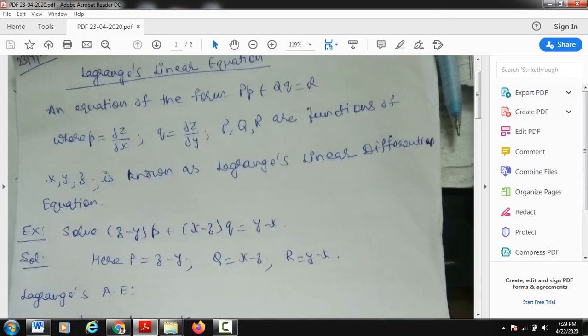After that, what will I do? I will compare my given equation with the standard Lagrange's linear differential equation, that is Pp plus Qq is equal to R, and you will identify capital P, capital Q and capital R. After that you will write the Lagrange's auxiliary equations.